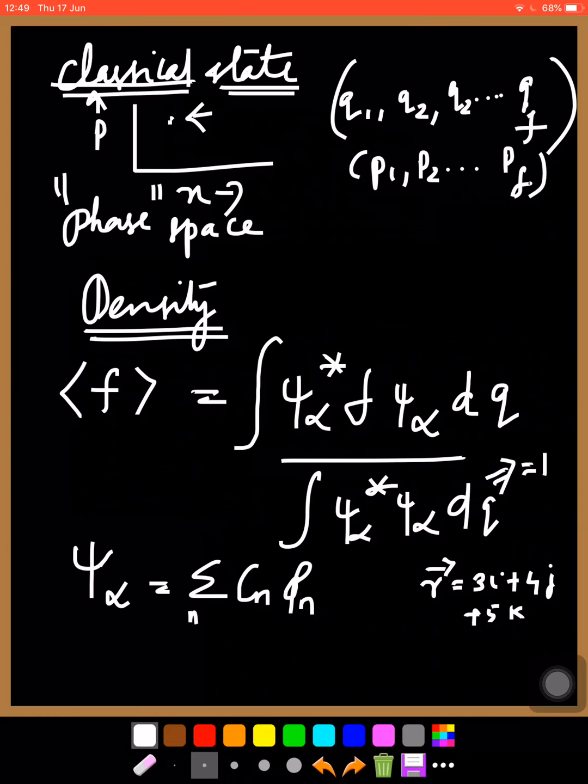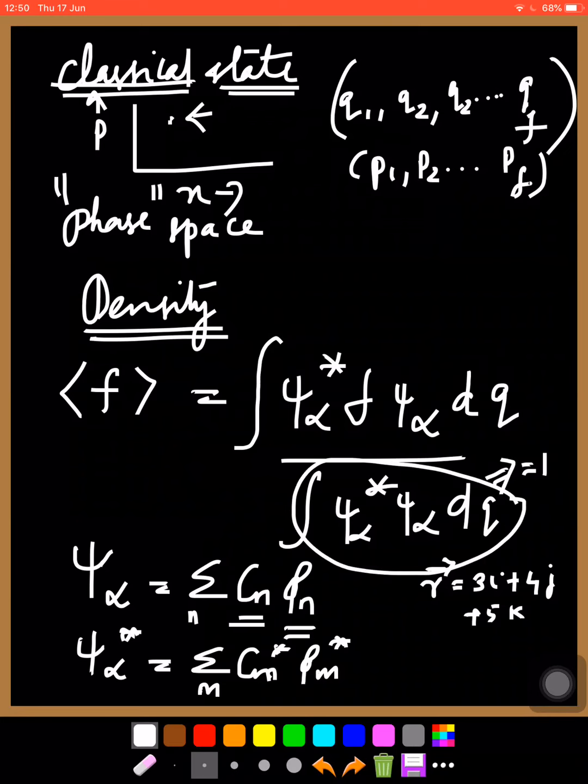Similarly, since the space is n dimensional, the phi n are the basis vectors and cn is the component. Since it is n dimensional, we have the index n. And then the conjugate psi alpha star is sigma. When taking the conjugate, we should always use another index, so we will be using m: cm star phi m star. That is psi alpha star. This is equal to 1 because the state is normalized.